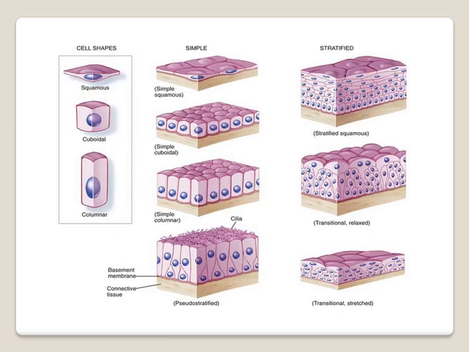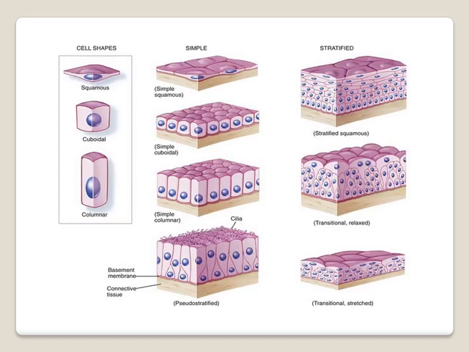It's squared like a box or a cube. Columnar is taller, like a column. Again, it's usually squarish. And then transitional. Transitional is kind of a variety of shapes. It can stretch, it can relax, but it's different shapes.